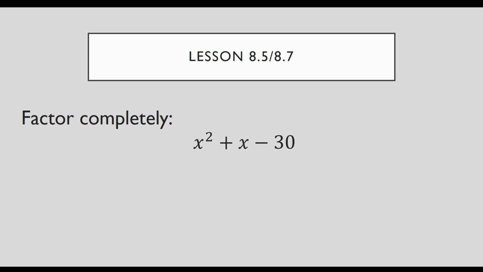The directions say to factor completely. Remember, first and foremost, when asked to factor completely, look for a GCF. Notice how there is a 1 in front of the x squared and a 1 in front of the x. The moment I have the number 1, I know that the biggest number that I'm going to be able to take out for a GCF is 1.